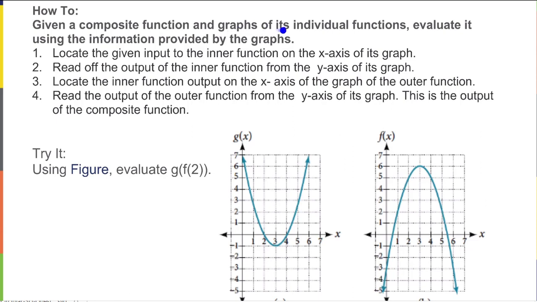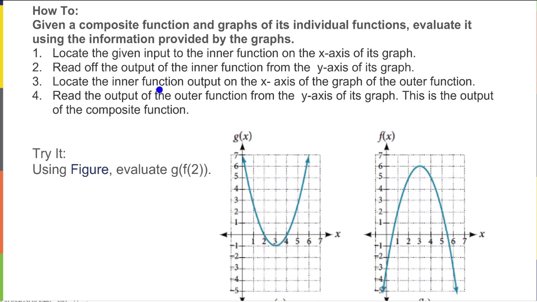Given the composite function and graphs of its individual functions, evaluate it using the information provided by the graphs. First we locate the given input to the inner function. If it's f of g of x, the inner function is g. If it's g of f of x, the inner function is f. You find the input on the x-axis of its graph and read off the output of the inner function from the y-axis. So basically you're getting the y-coordinate.